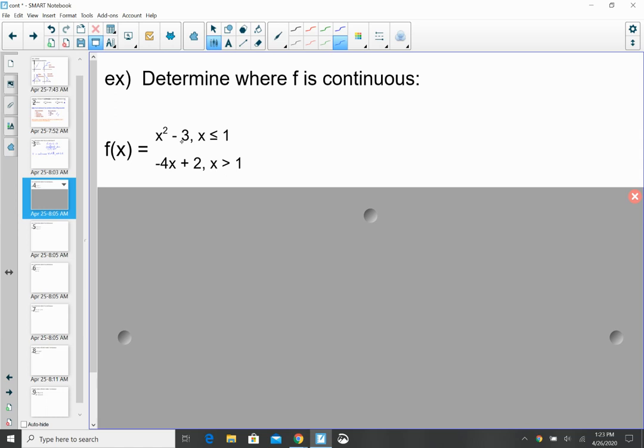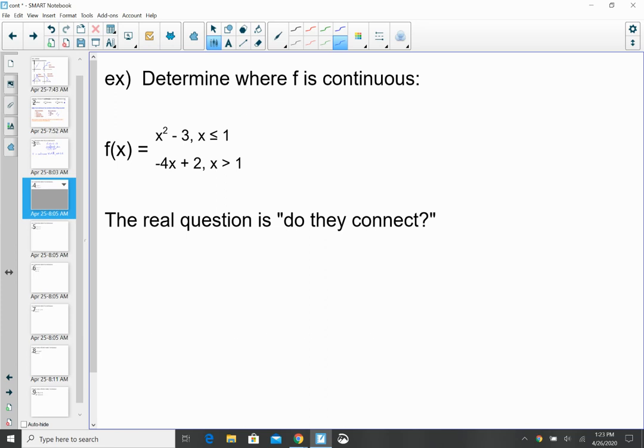The x squared minus 3, polynomial, continuous. The -4x plus 2, a line, which is also a polynomial, continuous also. So independently, the little pieces are continuous. The big question is, do the pieces connect?